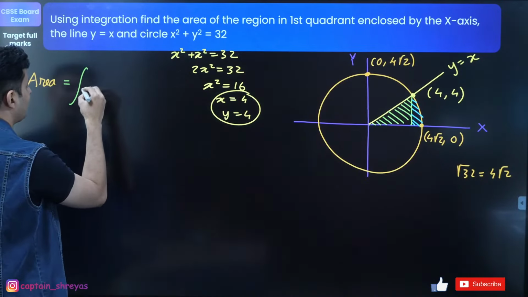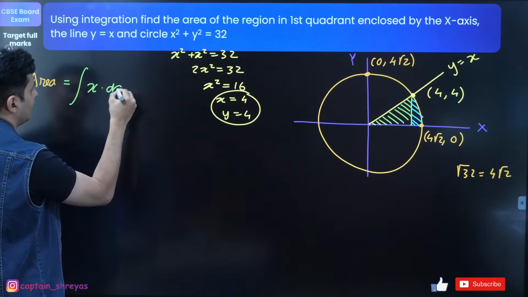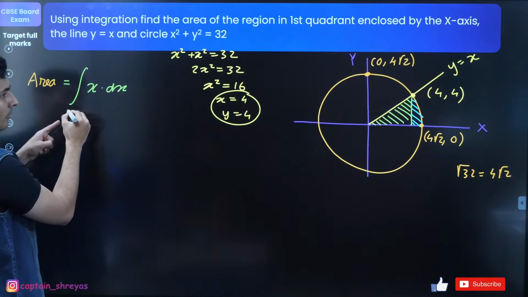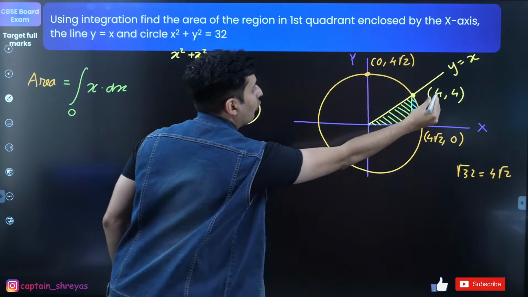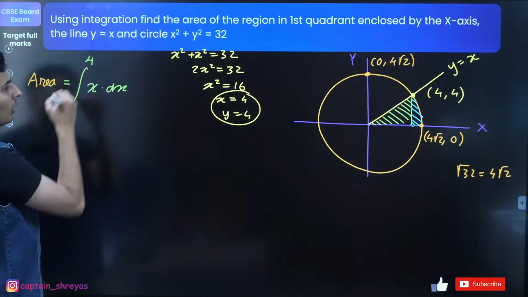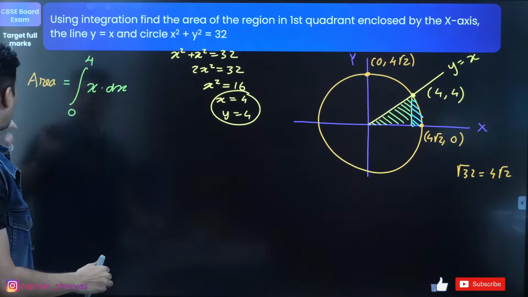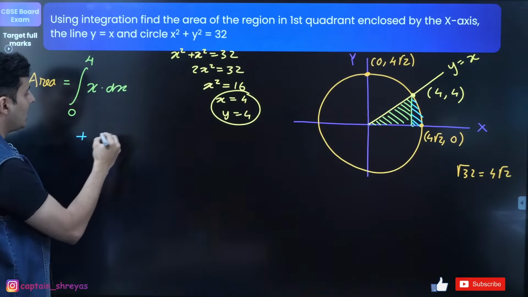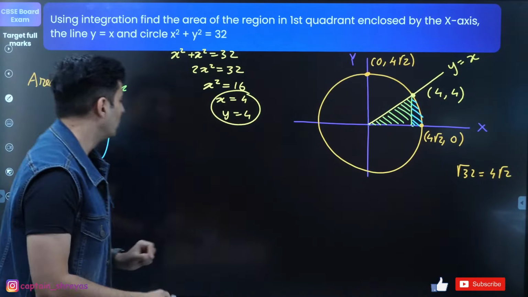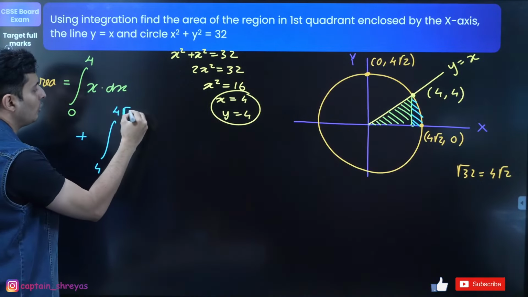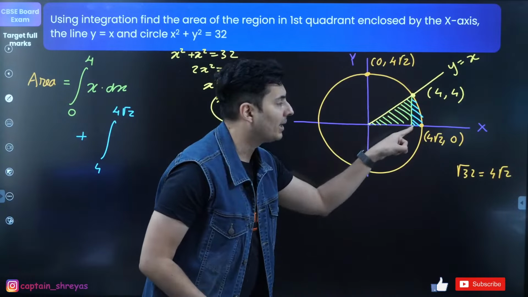So integral x dx, from 0 to what is this point? 4, right? So from 0 to 4, that is the first part, and add to it from 4 to 4 root 2, that blue part area.